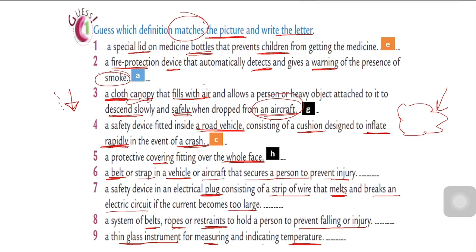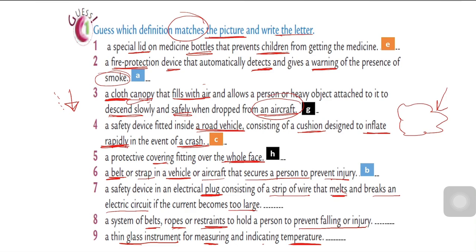Number 6, strap in a vehicle that secures a person to prevent injury. Very good. B. Now, number 7, a safety device in an electrical plug consisting of a strip of wire that melts and breaks the electric circuit if the current becomes too large.